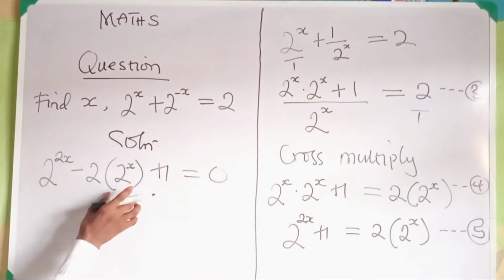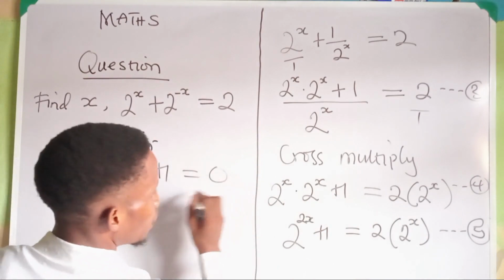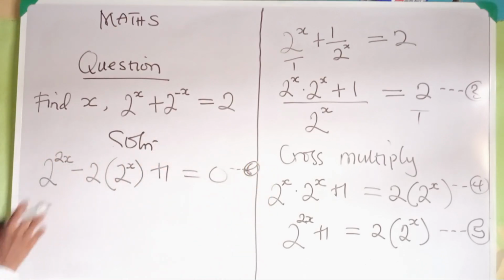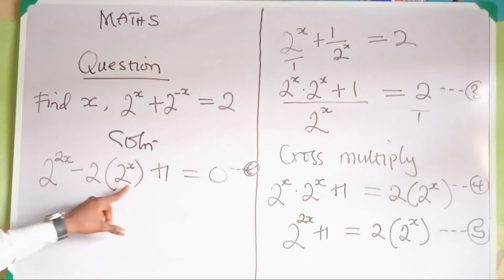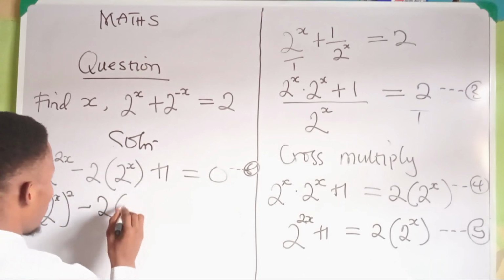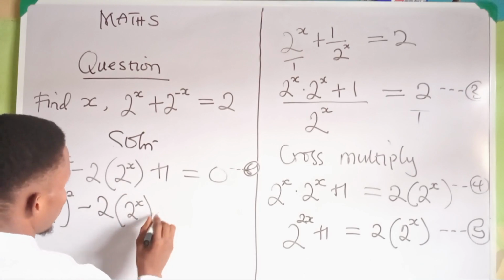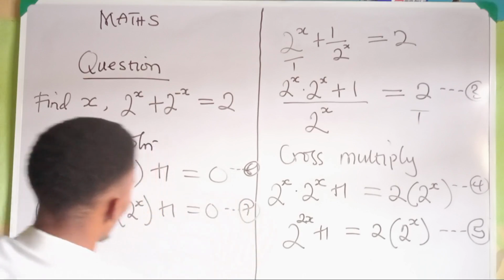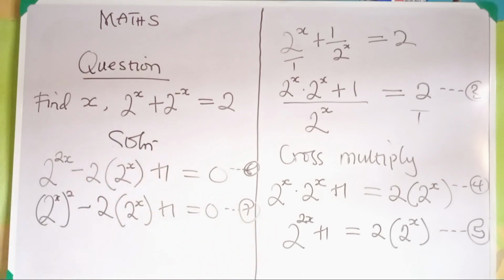We can call this equation 6. Looking at this, we want to transform this to look like this one here. So it's (2^s) all squared minus 2 times 2^s plus 1 is equal to 0. This is equation 7. This and that, they are all the same.